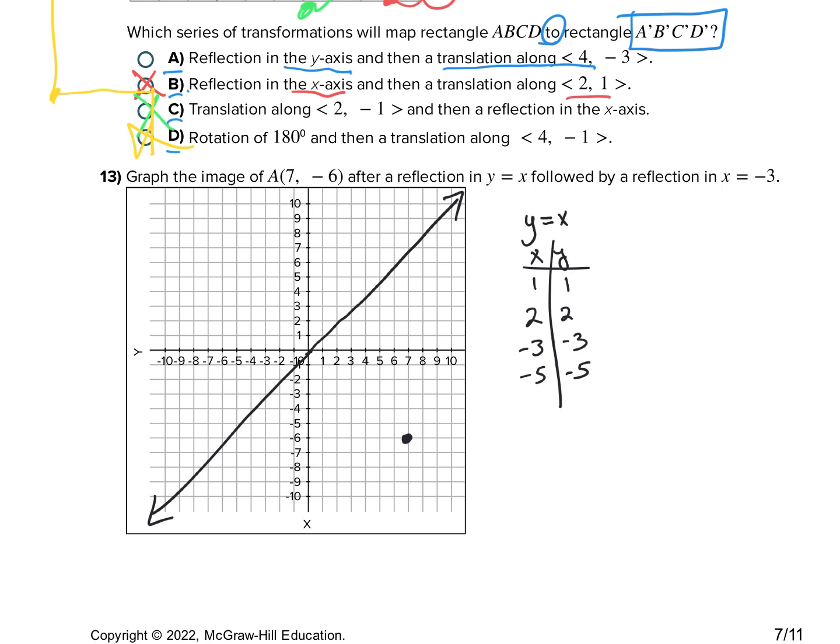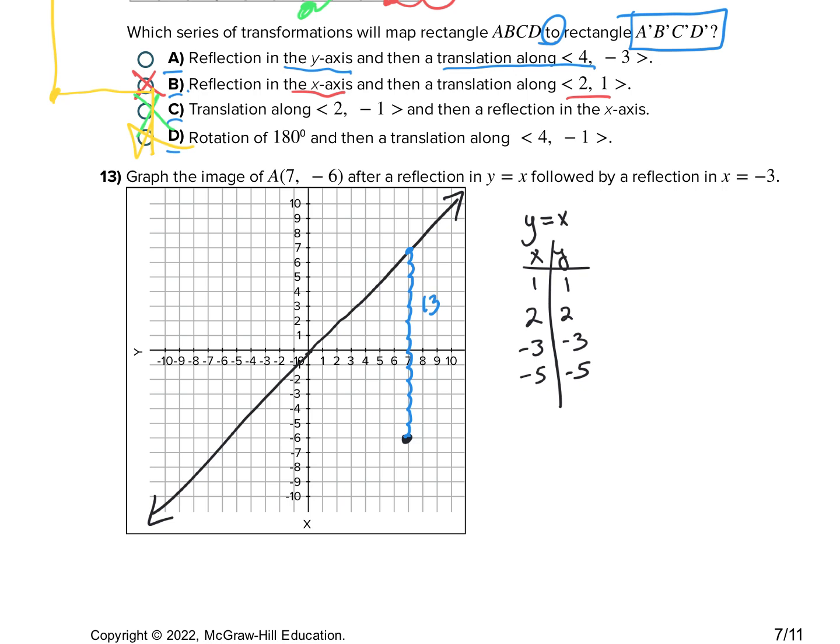So remember, when we're reflecting over the line, in this case, to get to the line, I need to go up 1, 2, 3, 4, 5, 6, 7, 8, 9, 10, 11, 12, 13. Oh my goodness. So I went up 13, which means I have to go to the left 13.